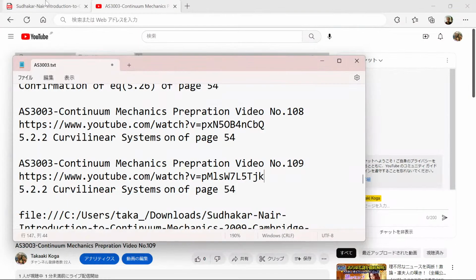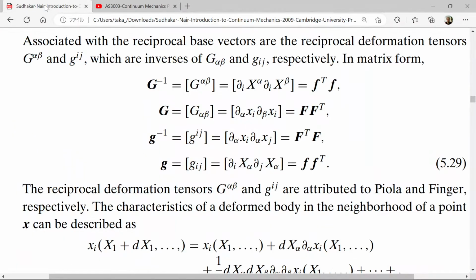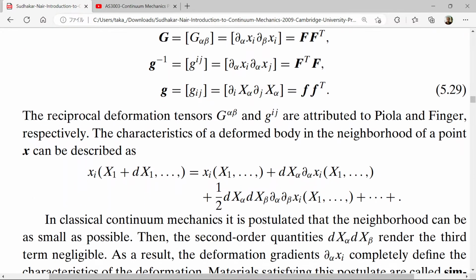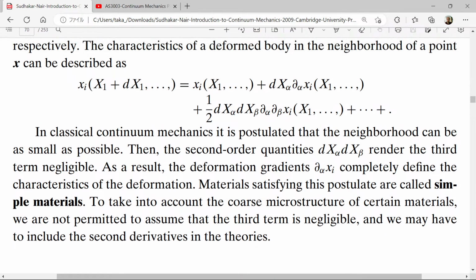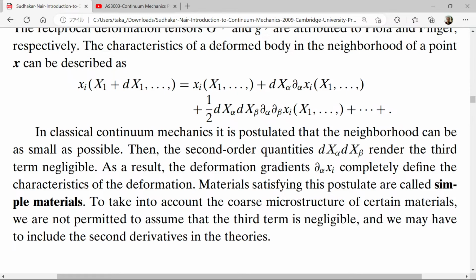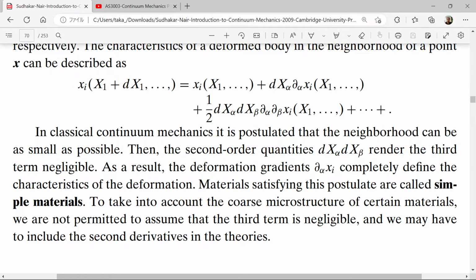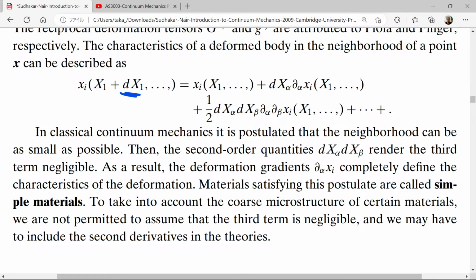So we have this page. Then I understood what was wrong. Okay, here we can expand this spatial coordinate in terms of material coordinate, a little bit shift in material coordinate. This is like a perturbation.